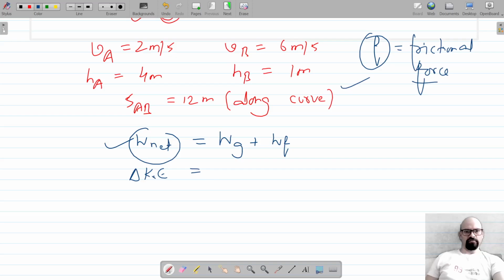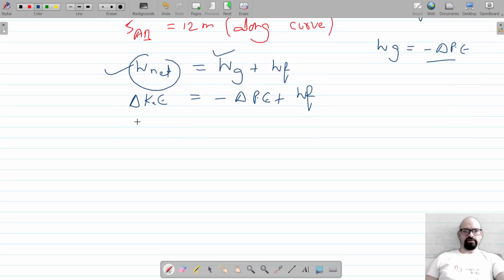The work done by the gravitational force is the negative of the change in potential energy, and we have to find the work done by the force of friction so that we can calculate the force of friction. From this equation, I can write that the work done by the force of friction is equal to the change in kinetic energy plus the change in potential energy. So I'm going to use this equation.